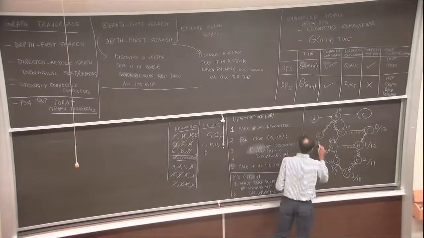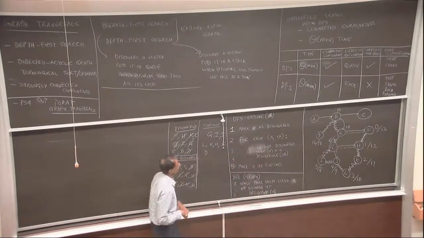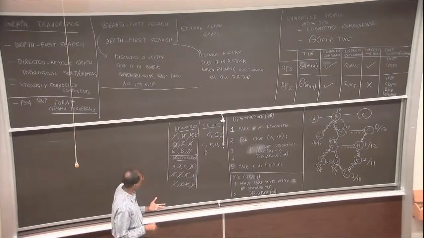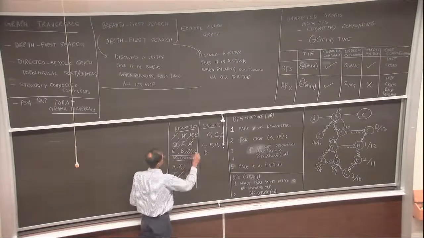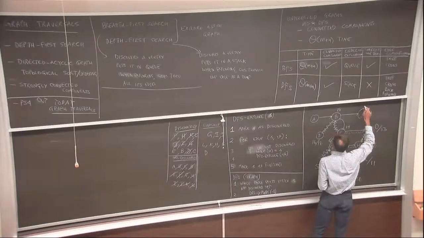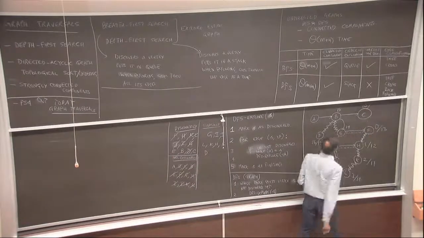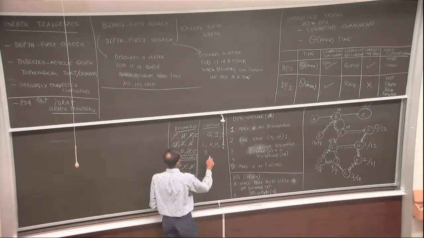At time 17, you go back to B. Does B have any more edges? Yes, and that's the edge to C. So C is the first time we are discovering it. C has no more edges. So C gets finished.